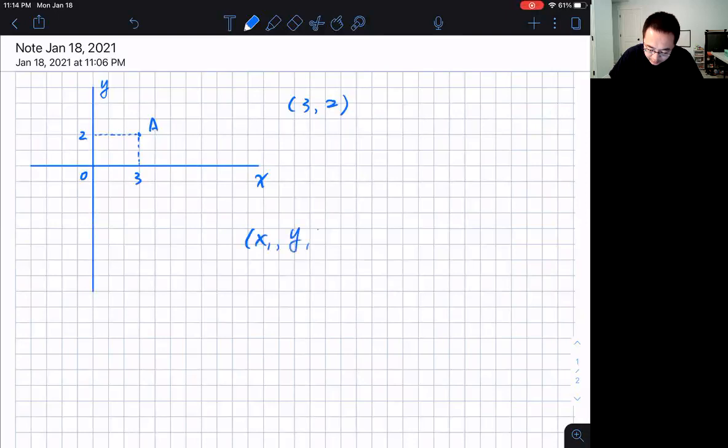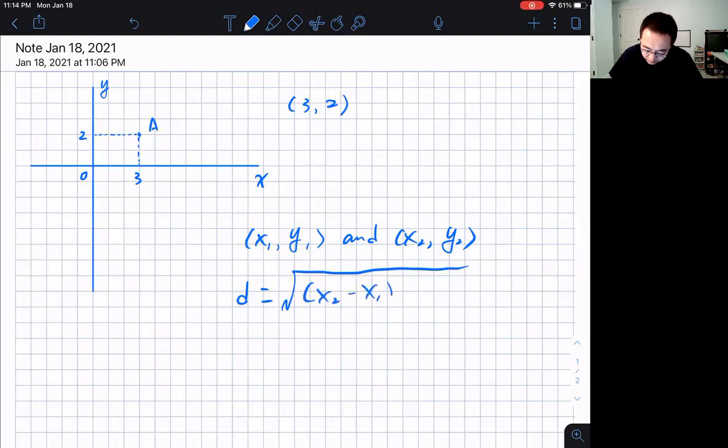Also, just a quick reminder in this context: the distance between 2 points (x1, y1) and (x2, y2), the distance formula, is the square root of (x2 minus x1) squared plus (y2 minus y1) squared. For example, if you try to find the distance between point A and the origin, you are calculating this distance right there, the little d.